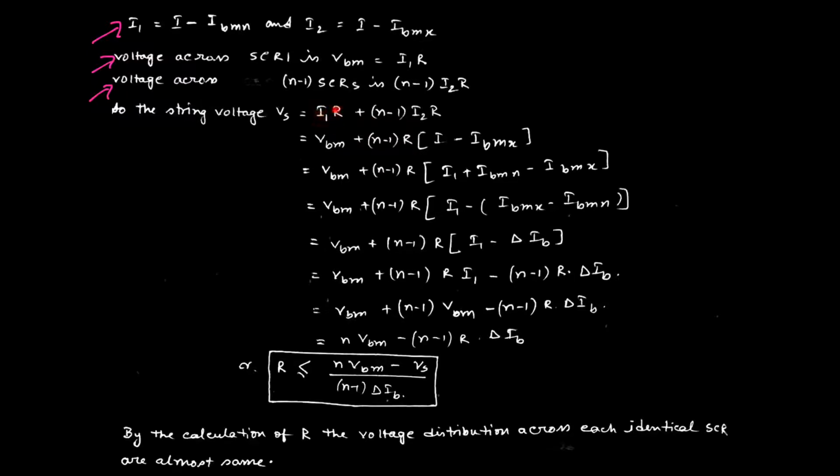For the first, that is I1 into R, and for n minus 1 thyristors or SCRs, that is n minus 1 into I2 into R. So after simplification, we get VBM plus n minus 1 into R into (I minus IBMX). Again after simplification, we can rewrite the expression as VBM plus n minus 1 into R under bracket I1 plus IBMN minus IBMX, where we can identify this one.